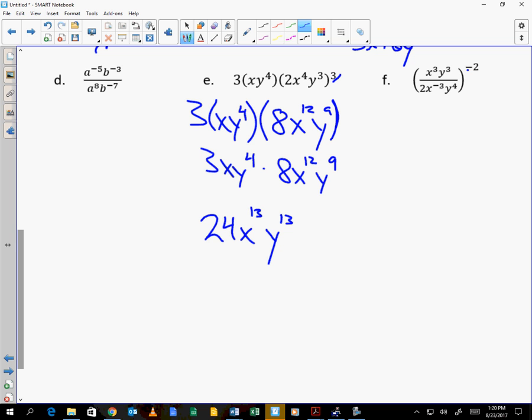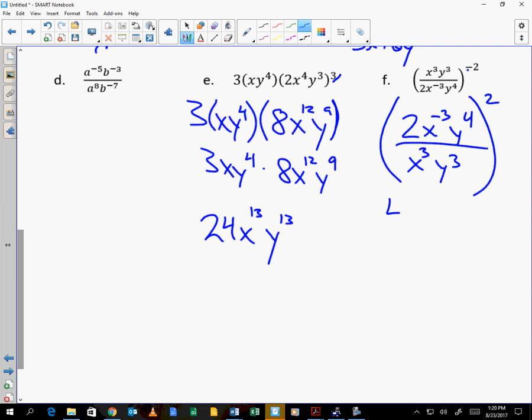Yes, so it moves. A lot of people, when they do this, they forget to square it still. They're like, well, I use that up. No, you just use the negative up, not the 2. So do you want to square it or do you want to work on the inside? What do you want to do? You want to square it?